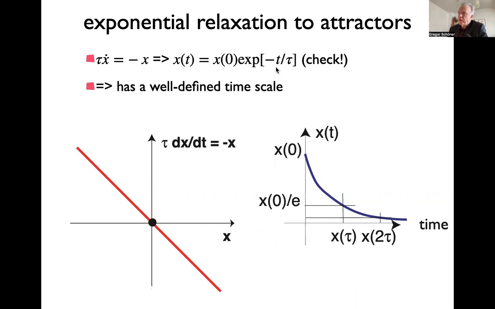For instance, if you insert the time tau, so here, this will be the time tau, then the state of x at time tau is equal to x at the initial time times exponential of -1. e is 2.7 something, the Euler number. So that to the power of -1 is 1 over e.